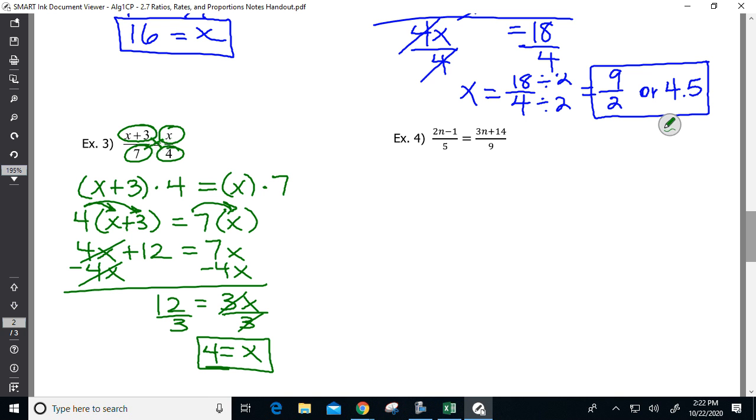Alright, so example 4. For those people who have already started this problem, that's the answer that you should get if you did it correctly.